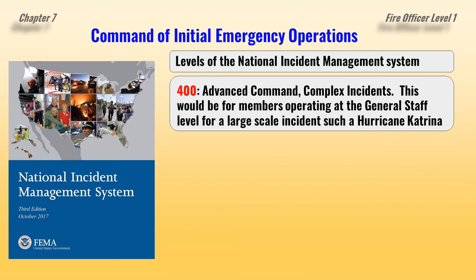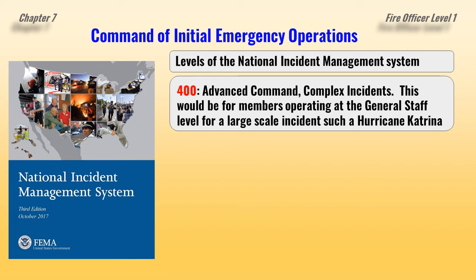So ICS 400, Advanced Command and Control of Complex Incidents. And this would be for members operating at the general staff for large-scale incidents such as a hurricane, Hurricane Katrina, Superstorm Sandy. And this is mainly at the level of the emergency operation centers, especially at the state level.